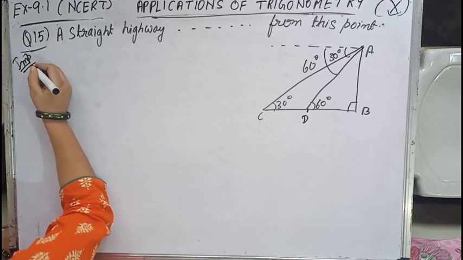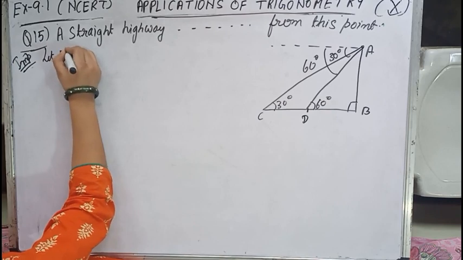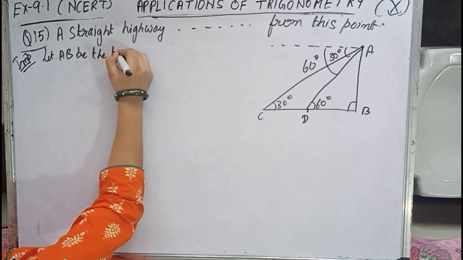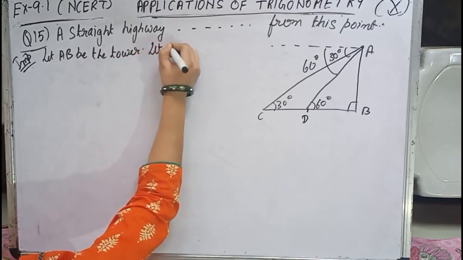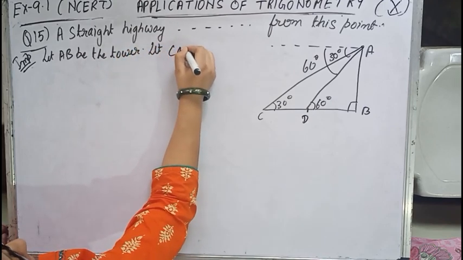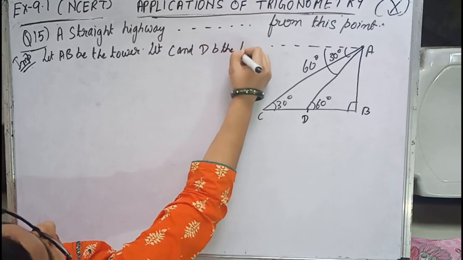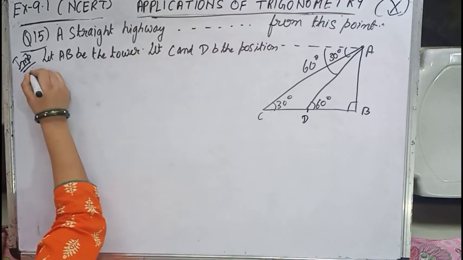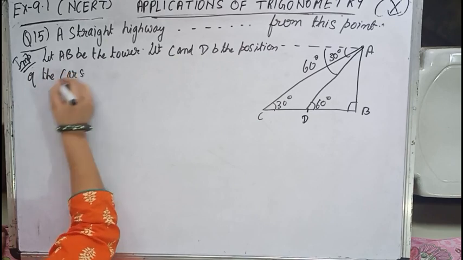Let us start. Let AB be the tower and let C and D be the positions of the car.